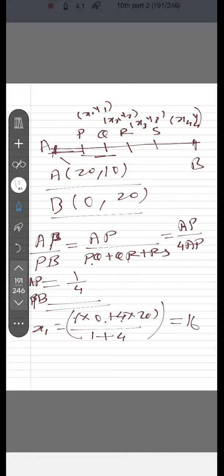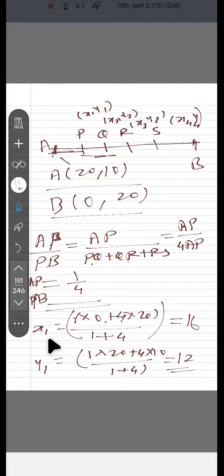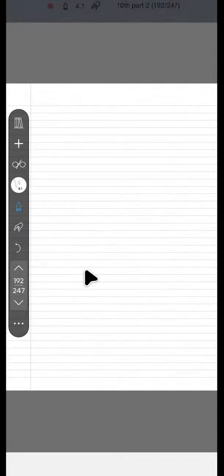And y1 is equal to 1 into 20 plus 4 into 10, divided by 1 plus 4, which is 60 divided by 5, so 12. So x comma y is equal to 16 comma 12.